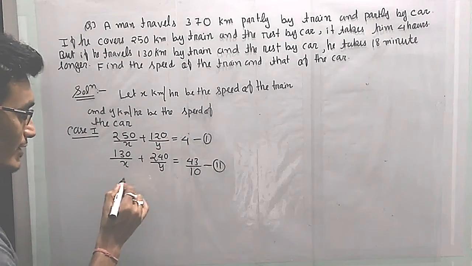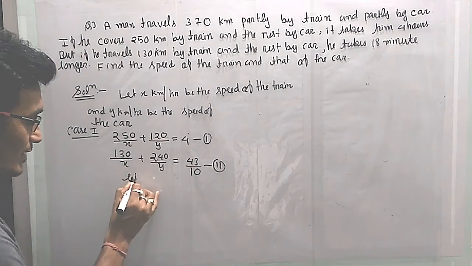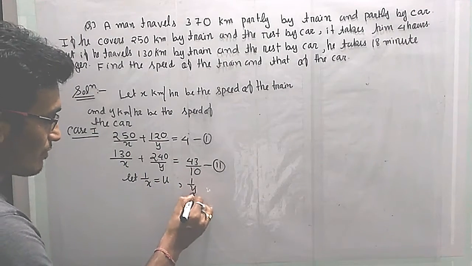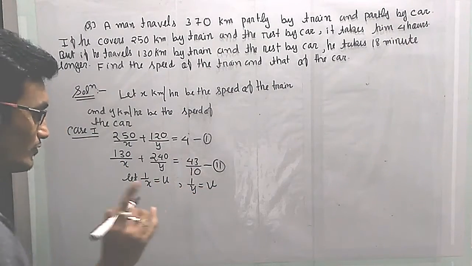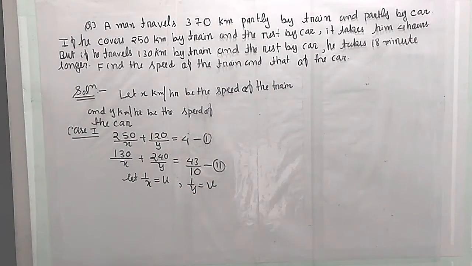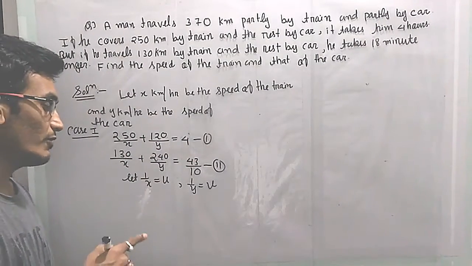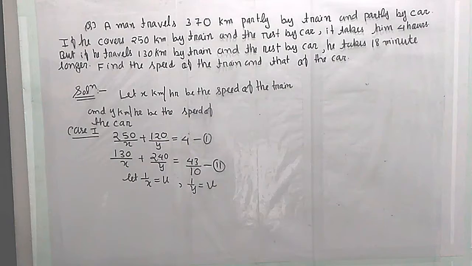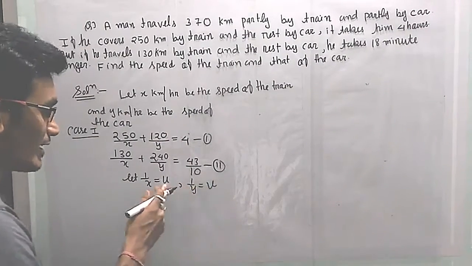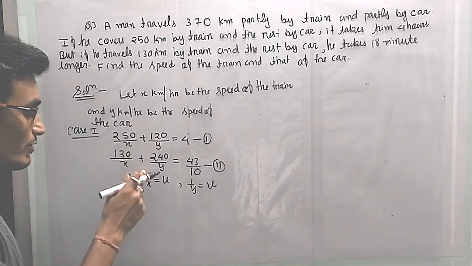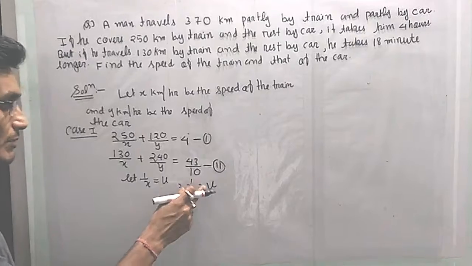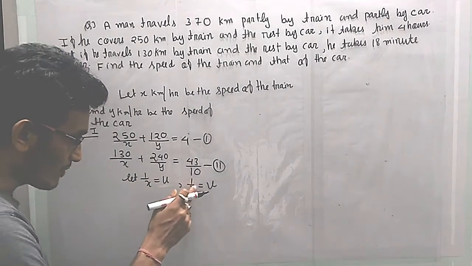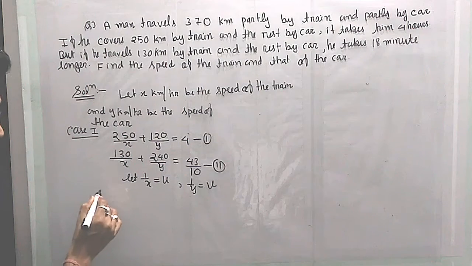That means we should assume 1 by x equals u and 1 by y equals v. So you should remember, when the variables in the given equation are in the form of reciprocal, we use the technique of u and v.